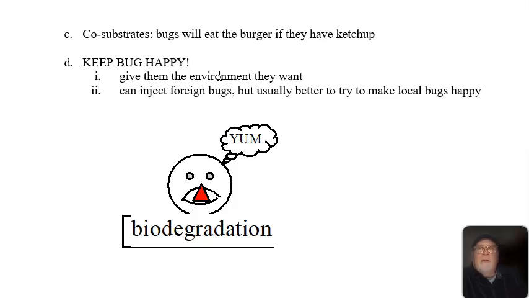So the objective of this, it's like in a wastewater plant, if you're a civil engineer and you've done environmental engineering, the goal is to keep the bugs happy. You give them the environment they want, and sometimes you can inject other microbes in there, but it usually works best to just try to make the local bugs happy. So keep the bugs happy. All right.